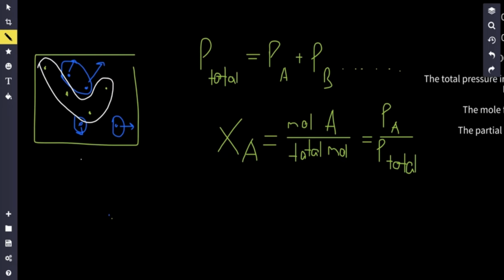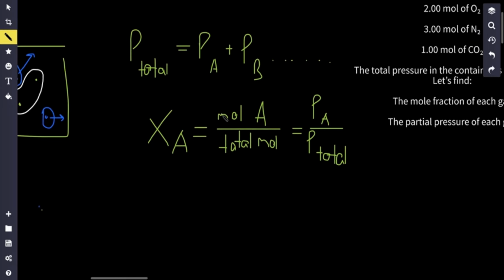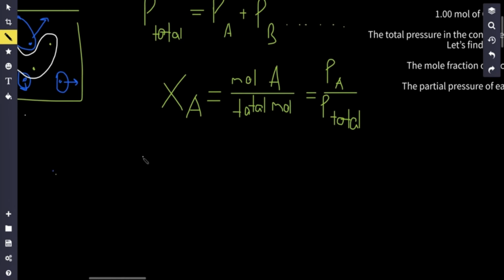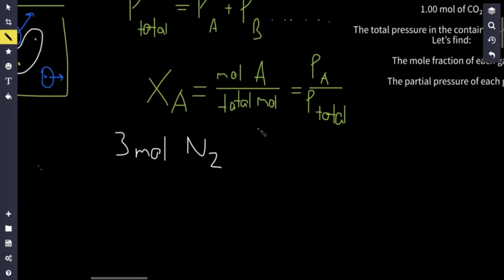Now, we have something known as a mole fraction, and it's pretty much exactly what it sounds like. It's basically the amount of moles you have of something over the total amount of moles there are. For example, let's say I have a container full of gases, and I have 3 moles of N2, and let's say there are 8 moles of gas in total.